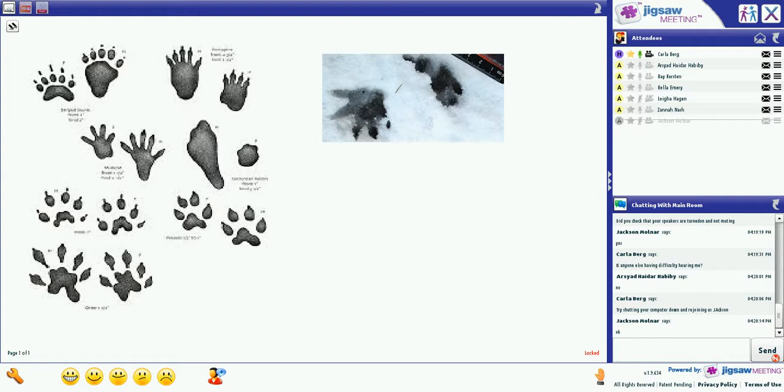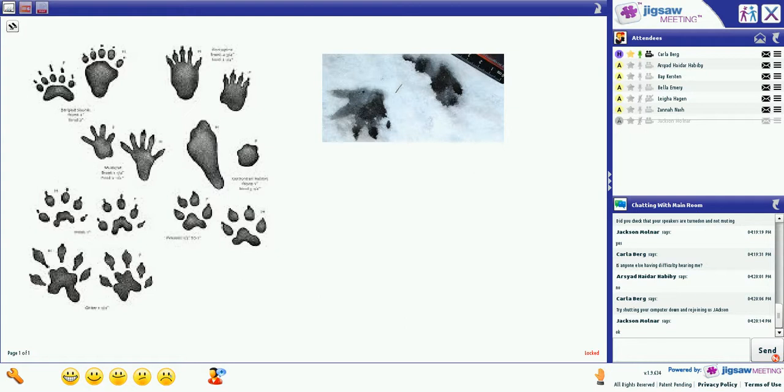Now, obviously it doesn't snow everywhere, but animals can leave behind footprints in snow. They can leave behind footprints in a sandbox. They can leave behind footprints on a muddy path. Or sometimes, if the animal is big enough, they can even leave footprints in your yard.